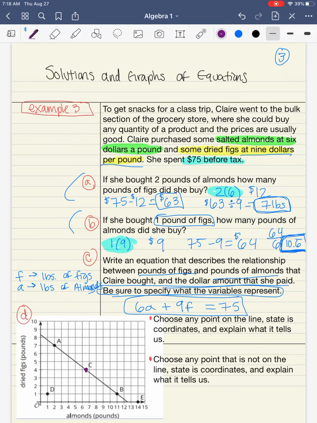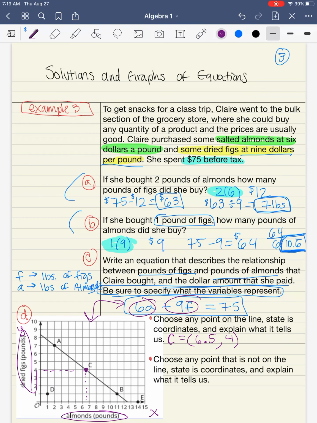So remember, we always write our x-coordinate and then our y-coordinate. So point C is the x value, probably 6.5, and the y value 4. So now we want to make context out of this. So here we've got this graph that represents almonds and pounds. So there is a relationship between this equation and this graph.